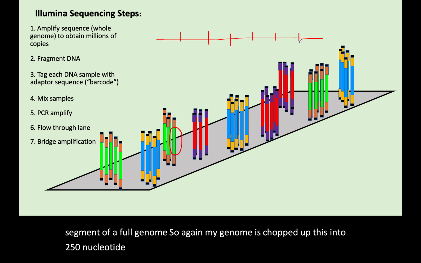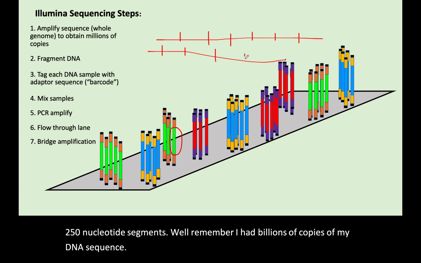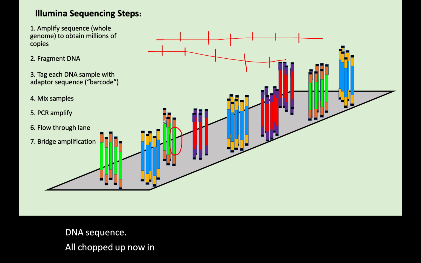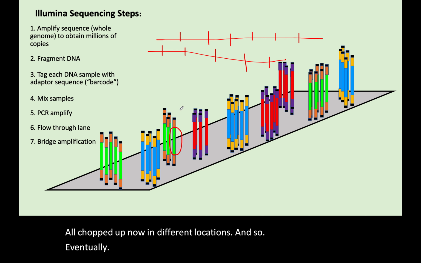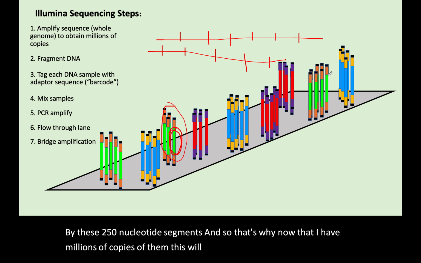Well, remember, I had billions of copies of my DNA sequence that are all chopped up now in different locations. And so eventually the entirety of the genome will be represented by these 250 nucleotide segments. And so that's why now that I have millions of copies of them, this will help me in my next step.